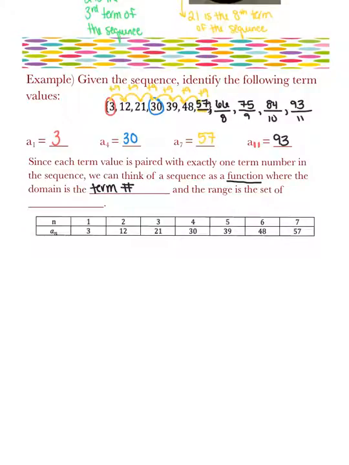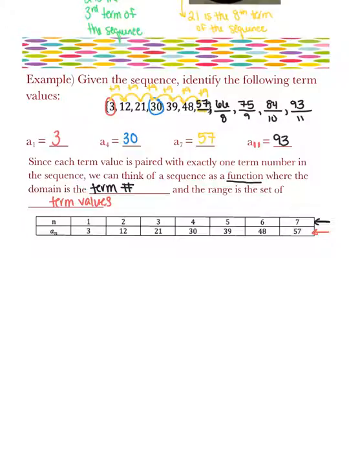Those are the consecutive integers here. And the range is the set of term values that I see here in that second row.